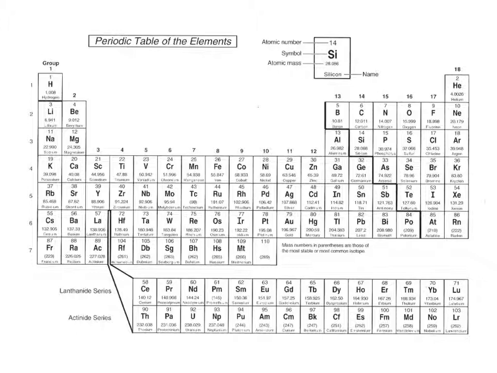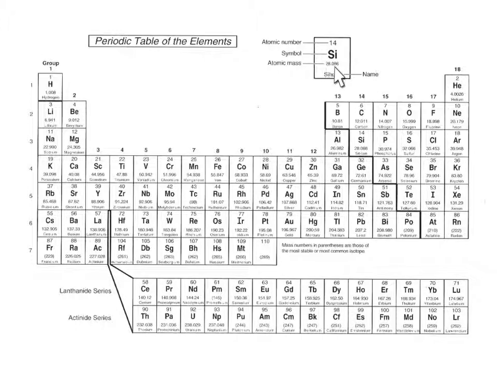Now, if you look below the elemental symbol, you will find a set of numbers with some decimals. These numbers correspond roughly to twice the atomic number. I said roughly because this number, the atomic mass, is calculated based on an average of the natural isotopes of each element.